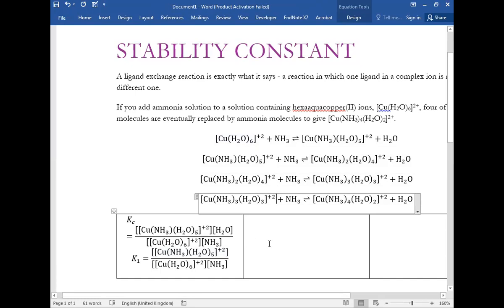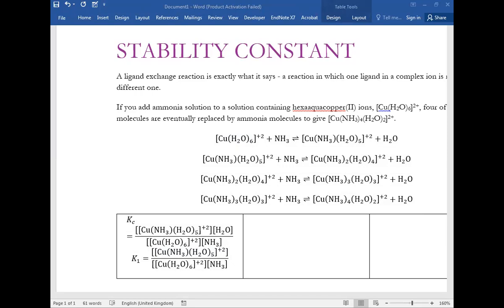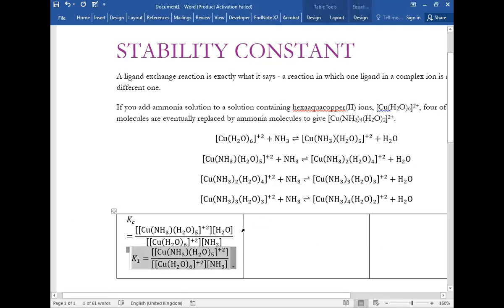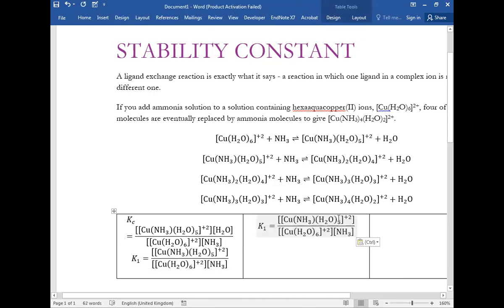So how do you find the overall equilibrium constant, provided that I give you the equilibrium constant for each individual step? Think, what should the overall be? Yes. Sir, in the overall we will add their numbers of moles.